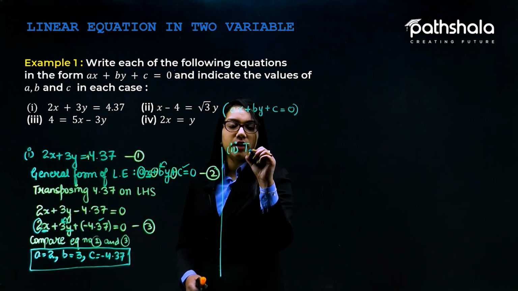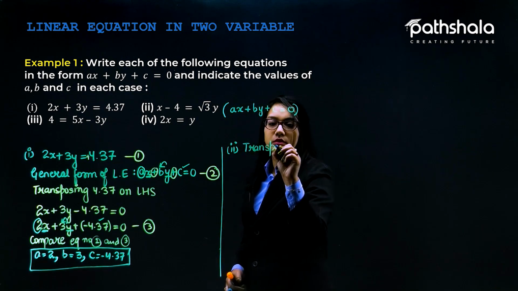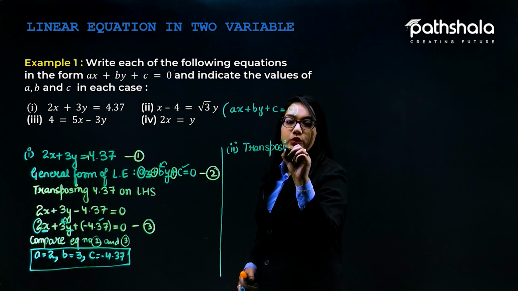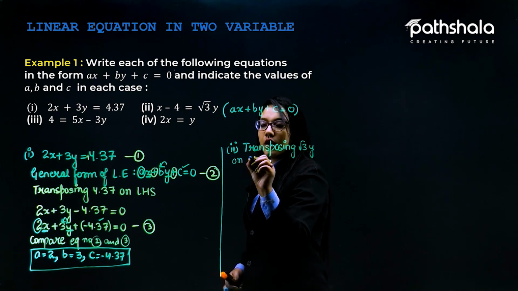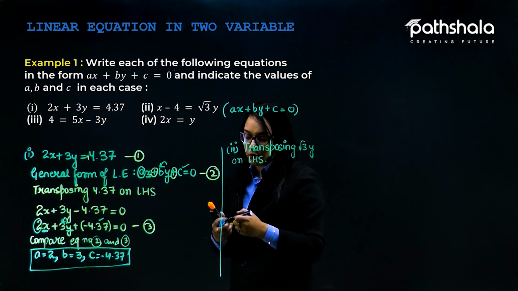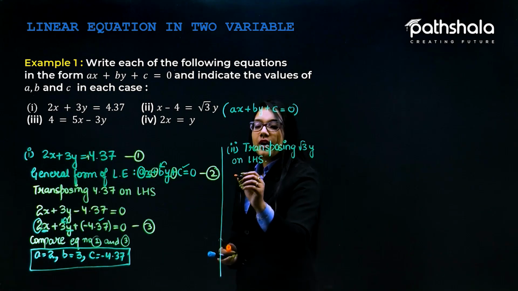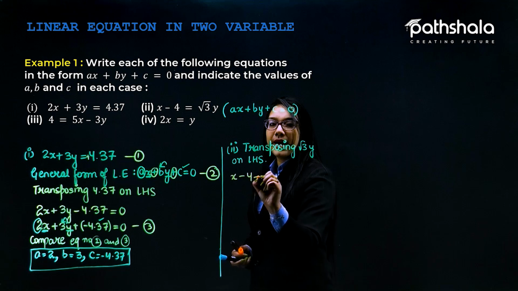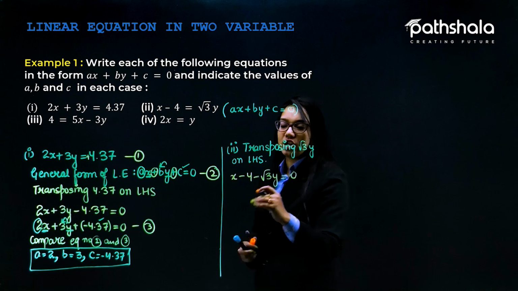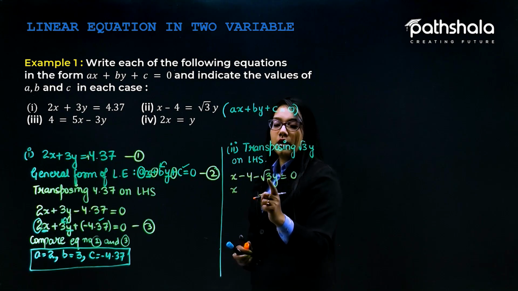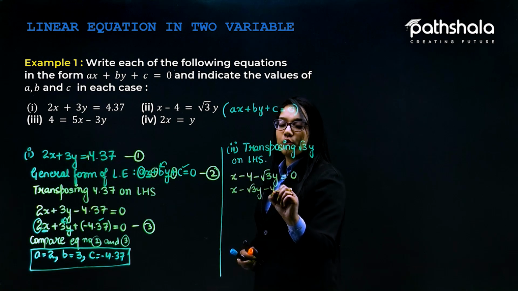So if we are transposing root 3y on the LHS, then it would be of the form x minus y minus root 3y is equal to 0. If I rearrange it, writing minus root 3y first, it is x minus root 3y minus 4 is equal to 0.